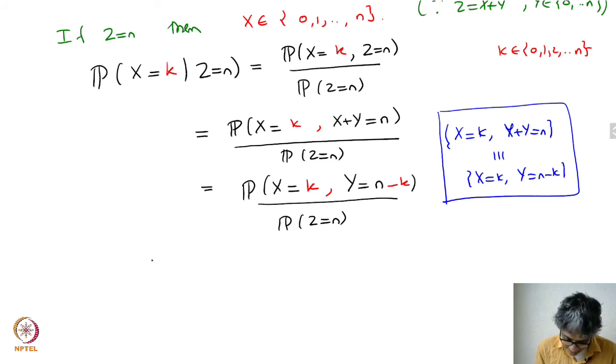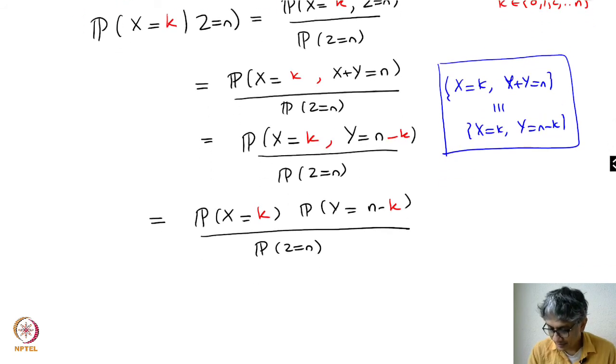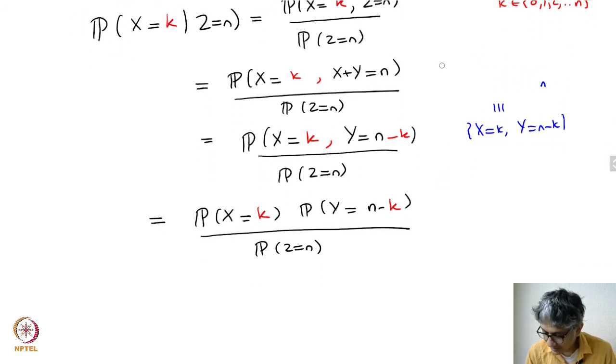Now I know how to do this because now I can use the independence of X and Y. So I have probability X equal to k, probability Y equal to n minus k, and the whole thing divided by probability Z equal to n. Let me do one small thing. Let me erase this and write it in green. So I'll use observations in green.